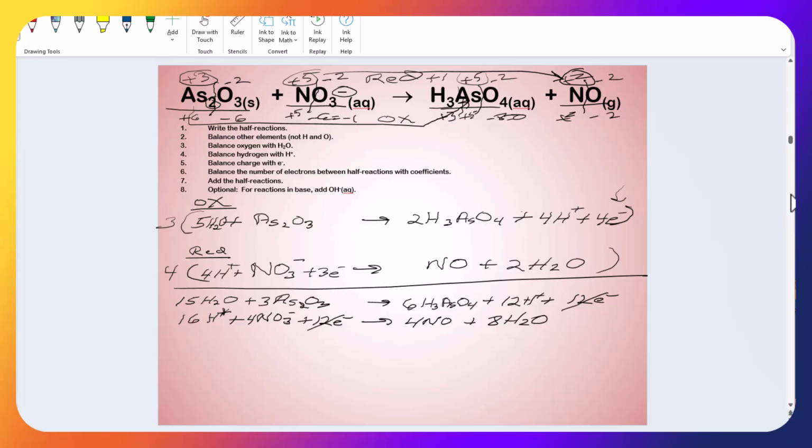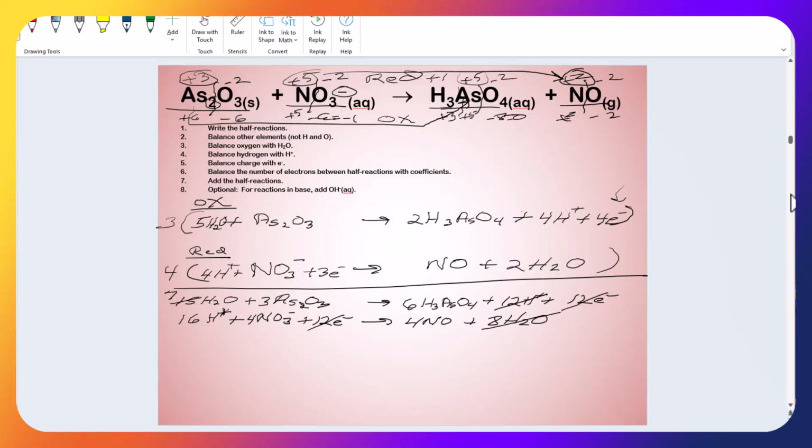So for instance, I've got 15 waters over here on the reactant side of the oxidation half, and I've got 8 waters on the product side of the reduction half. So before I add, I can cancel 8 waters. That's going to give me 7 waters over here on the reactant side of the oxidation half. I've also got 12 hydrogen ions.